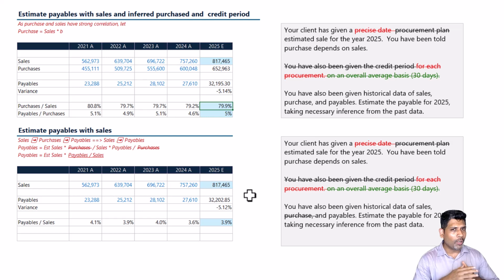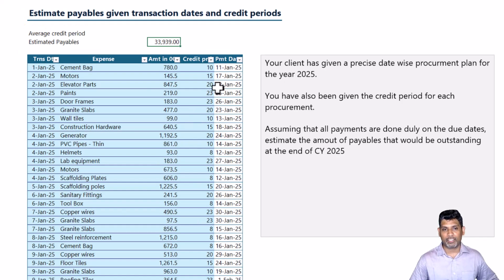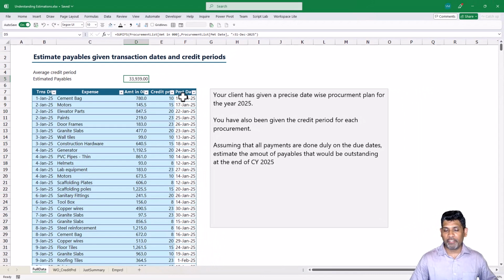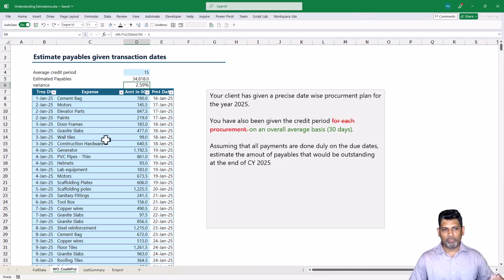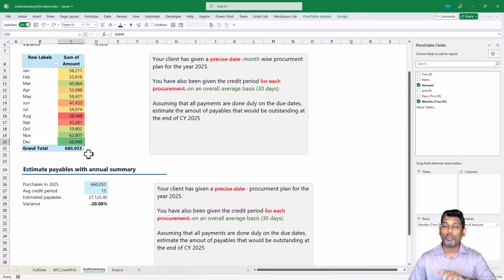But what we need to understand is the more indirect the relationship is. In this case, it's completely indirect. In our very first example, the relationship was very direct. What will be outstanding? Whatever is due after 2025, that's going to be outstanding. It was very direct. Then we had to bring in approximation with credit period. Then we had to bring in approximation about how the procurement is spread across.